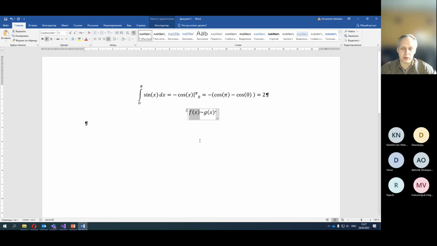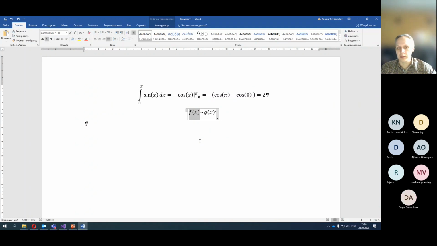And we know how to find the polynomial that approximates the function f of x. We can find a Lagrange or Newton interpolating polynomial.